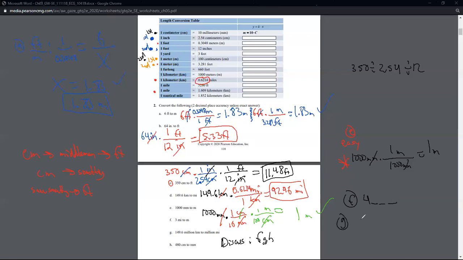G is in the ballpark of 90 to 95. H is in the ballpark of 5,000. I'm not saying it's 5,000 something. I'm saying it's about 5,000. It might be 4,500. It might be 5,200.